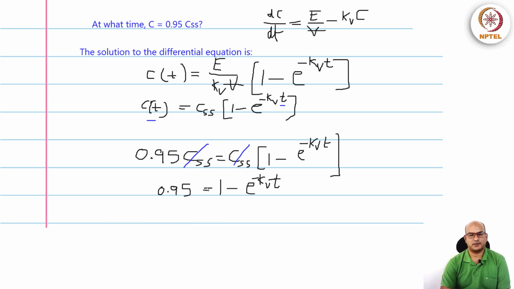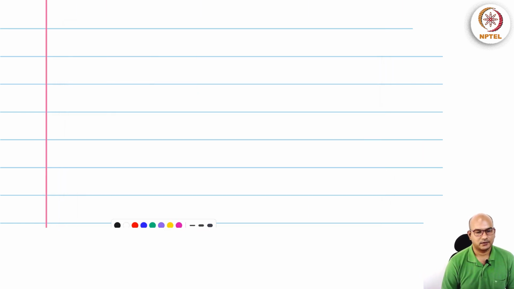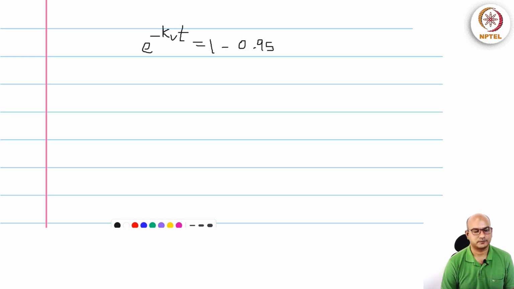Now we will rearrange this equation on the next whiteboard. So we get e to the power minus kVt is equal to 1 minus 0.95, which is equal to 0.05.